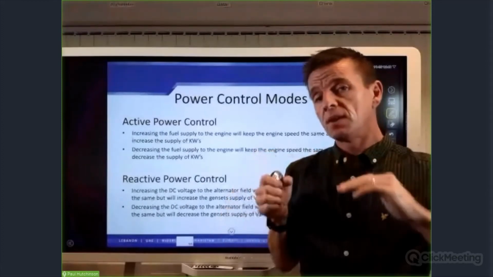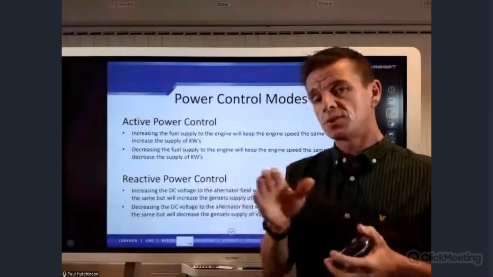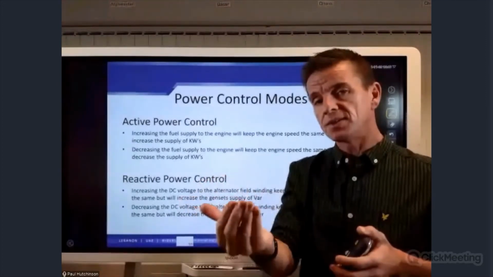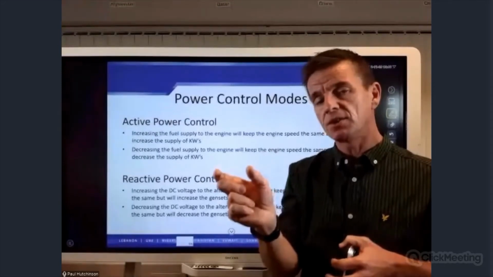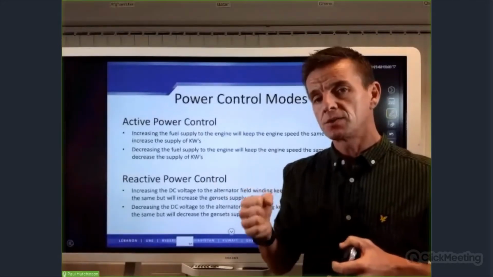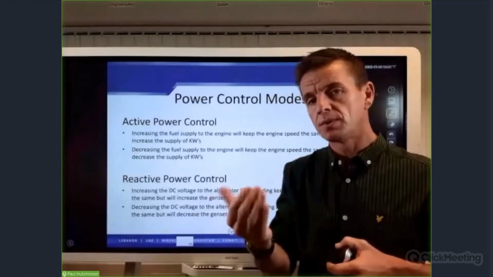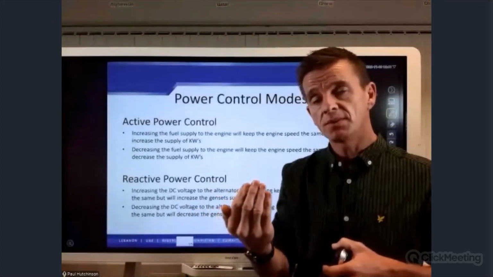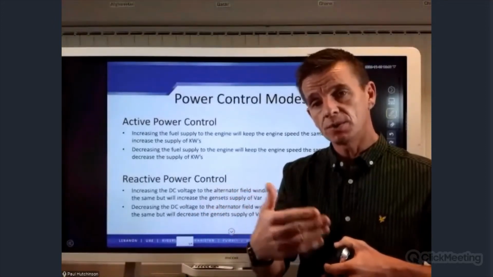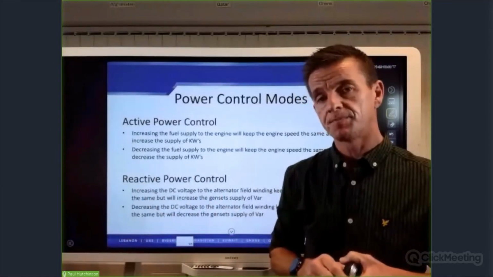Well, it increases the fuel. So as it increases the fuel, it takes the load on, even though the frequency stays constant at 1500 RPM. So by increasing the fuel, it will take on more load. And then obviously, by decreasing the fuel into the engine, the load will get less.